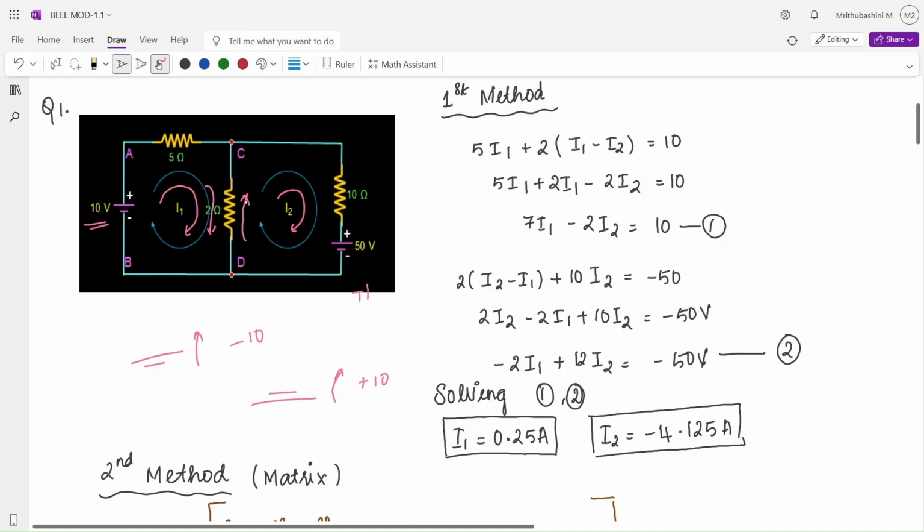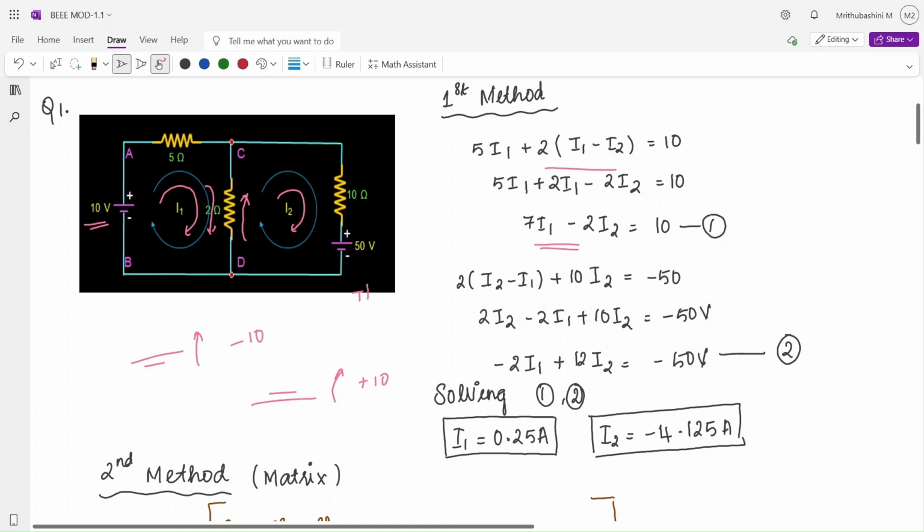So you will write 2 into I1 minus I2, because I2 is going in the opposite direction. If you solve this equation, you will get the first equation by grouping I1 and I2 separately.